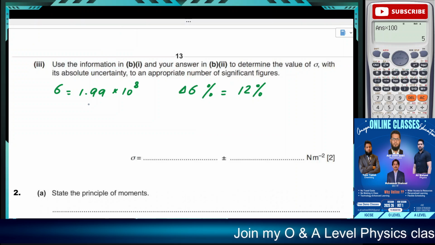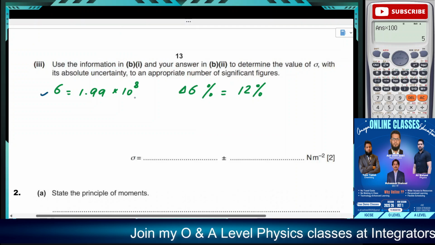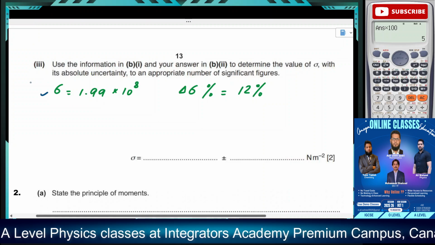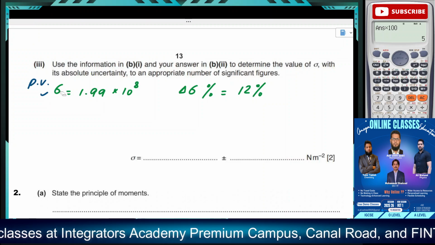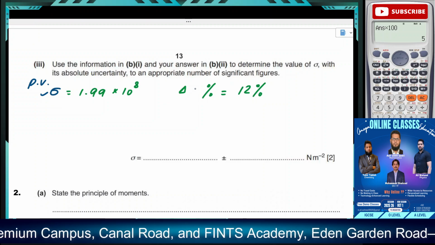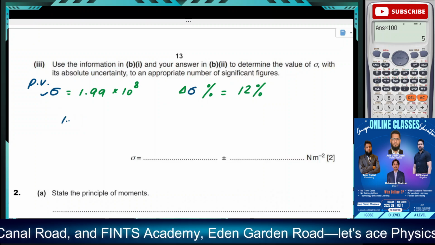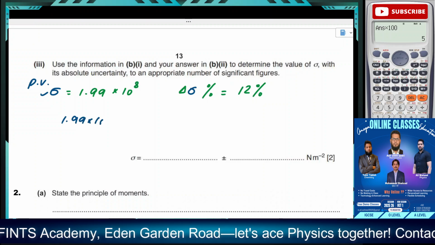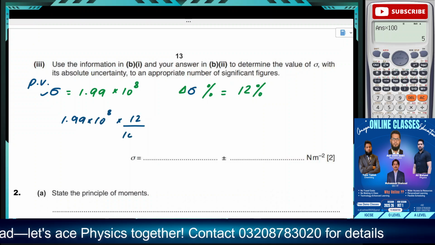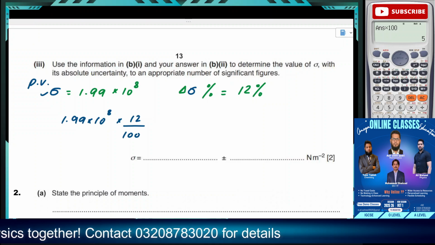We need to find the absolute uncertainty. So I'll simply find 12% of the principal value. This is your principal value, 1.99 into 10 raised power 8. I've got to find 12% of it. So let's see what we have.